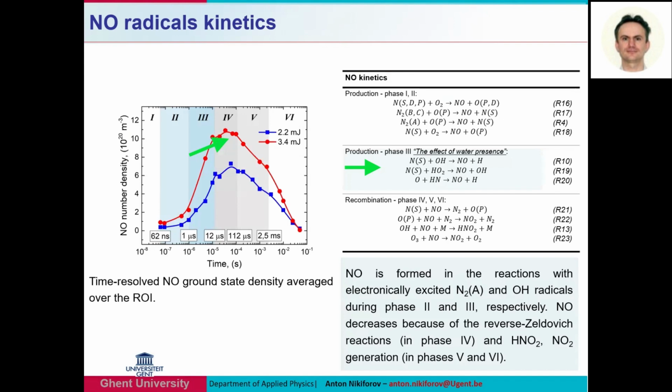But in presence of liquid, and this is what we proved from measurements of OH radicals, oxygen atoms, and NO radicals, the effect of water presence leads to a delay in NO formation, and NO is formed a very long time after the discharge, because of reactions of OH radicals, HO2 radicals, and also reaction of NH radicals with different species, and that leads to formation of NO.